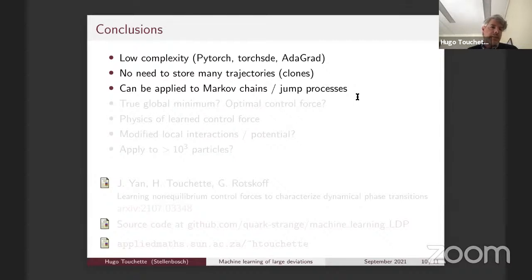You're not reinventing the wheel here. You can use PyTorch and other packages to build a neural network. And specific to your system, there's a PyTorch for stochastic differential equations, which is torchsde. It's low complexity also because you don't need to store many trajectories like the cloning methods. You only need, as I mentioned, to store one trajectory as you simulate, and then you can just erase it and simulate another one.